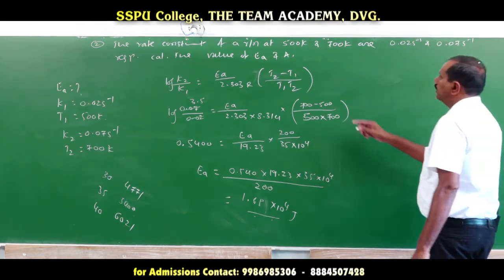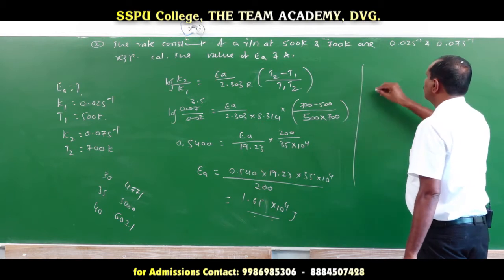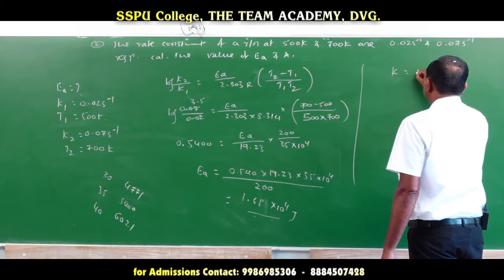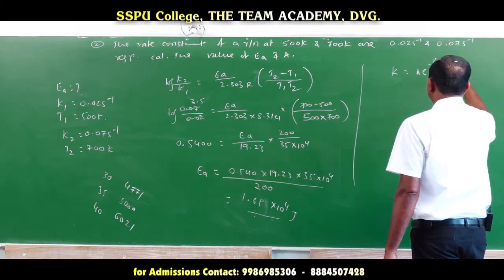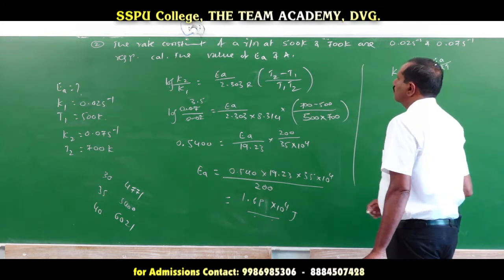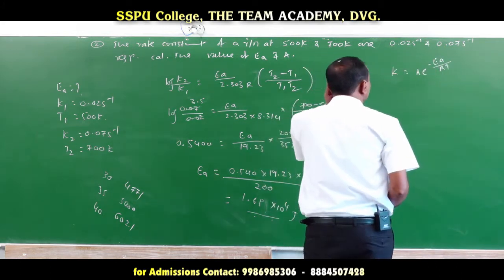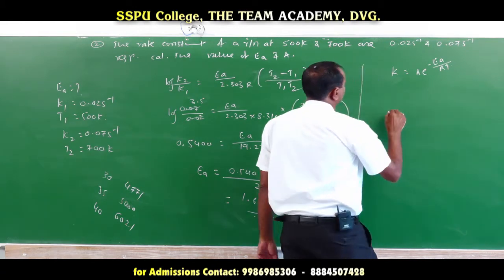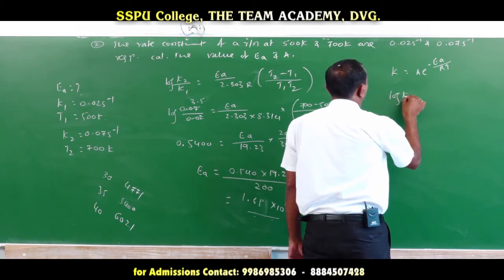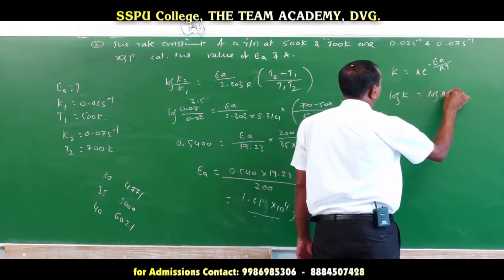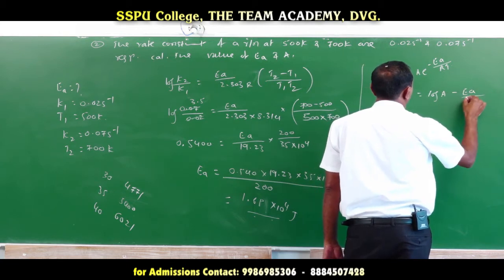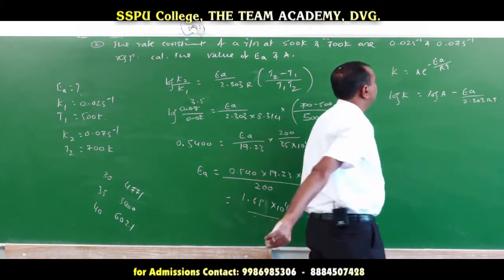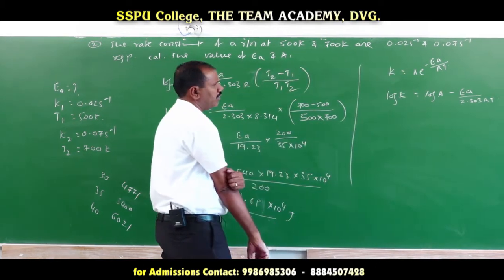Okay. So we know that the E_A value is known. Then how to find out the A value? That can be calculated by K equals A e to the power of minus E_A by RT. So we may write log K equals log A minus E_A by 2.303 RT.